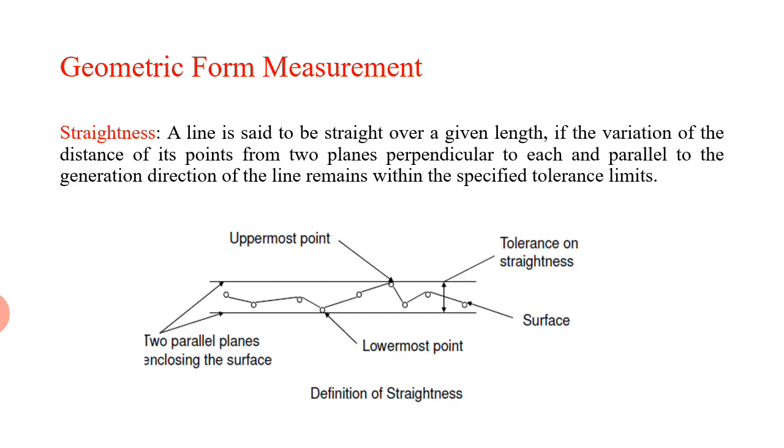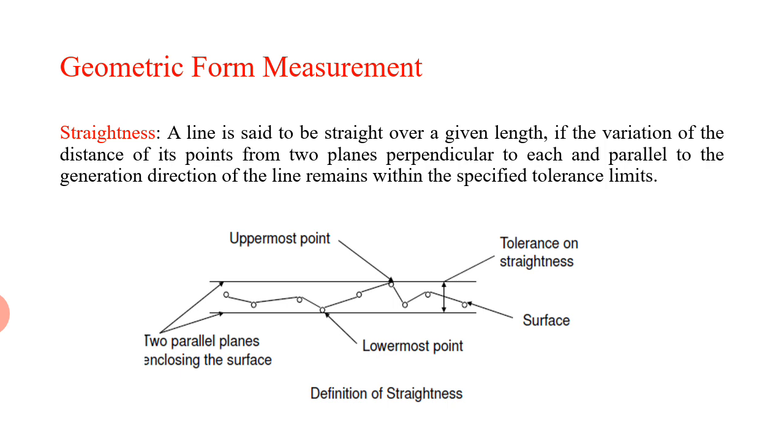Now, we will discuss straightness. A line is said to be straight over a given length if the variation of the distance of its points from two planes perpendicular to each other and parallel to the generation direction of the line remains within the specified tolerance limits.